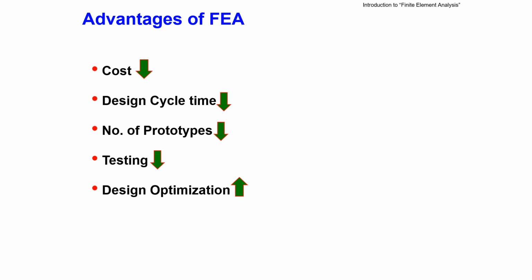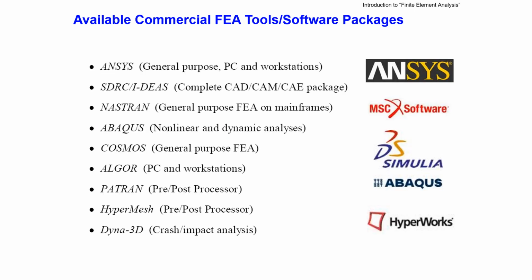Here no need to use any prototype. Here we are using the simulation in a computer. We need not produce more number of prototypes like in the conventional method. Then testing is reduced. Then another positive thing is design optimization is improved.